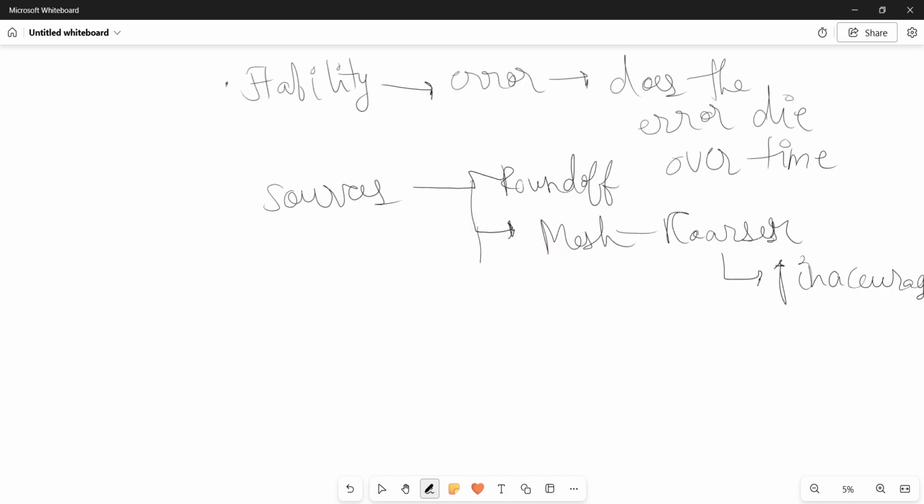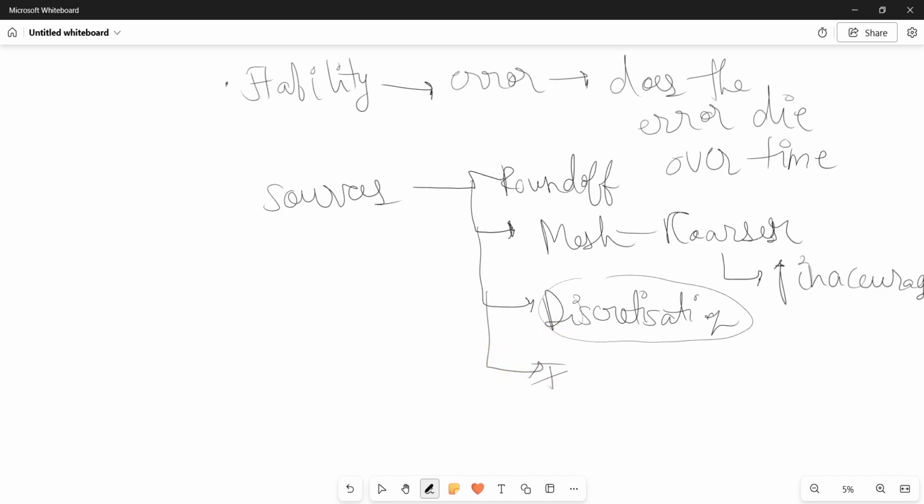A finer mesh means you are more accurate, so you have an error if you're going with a coarser mesh. Then you have discretization error. This we looked at in consistency, so consistency looks at this factor, the discretization error.